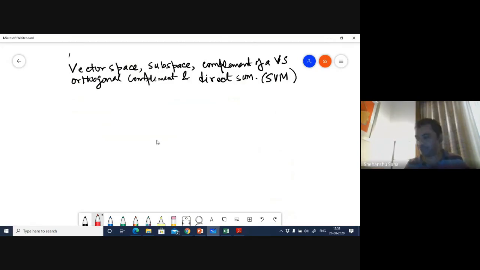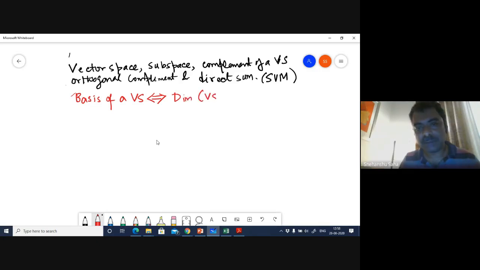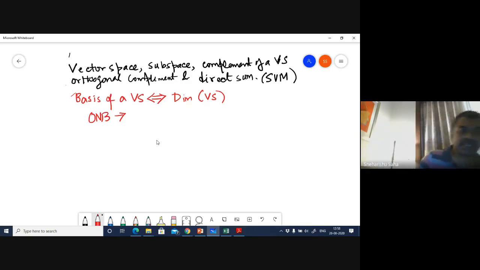Now we know that a basis of a vector space is an important concept, because it is directly tied to the dimension of the vector space itself. Now, what is this? This is nothing but an orthonormal basis.